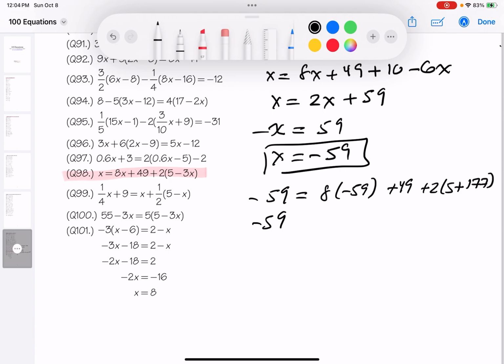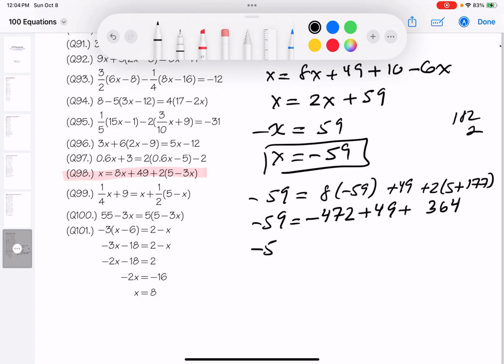Minus 59. Well, let's see. That's going to be minus 472. Plus 49. And this is going to be, let's see, 5 and 177 is going to be 182. And times 2, so 364.